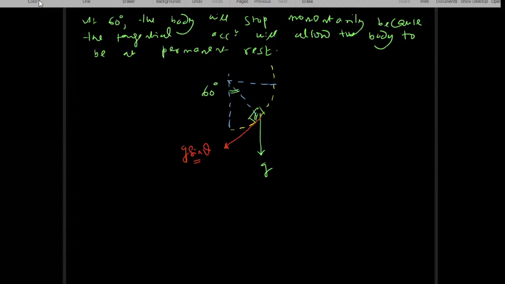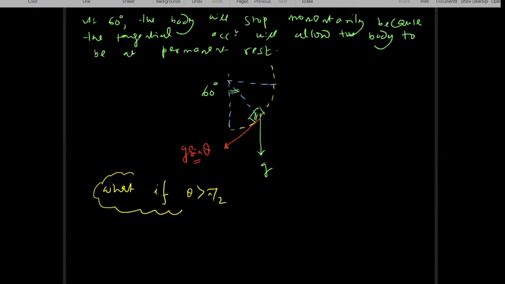What is the third case? Third case I am writing, what if theta is greater than pi by 2? Till now, whichever case I have discussed, either theta is equal to pi by 2 or it is less than pi by 2. So what will happen if theta is greater than pi by 2? Very interesting thing will happen.